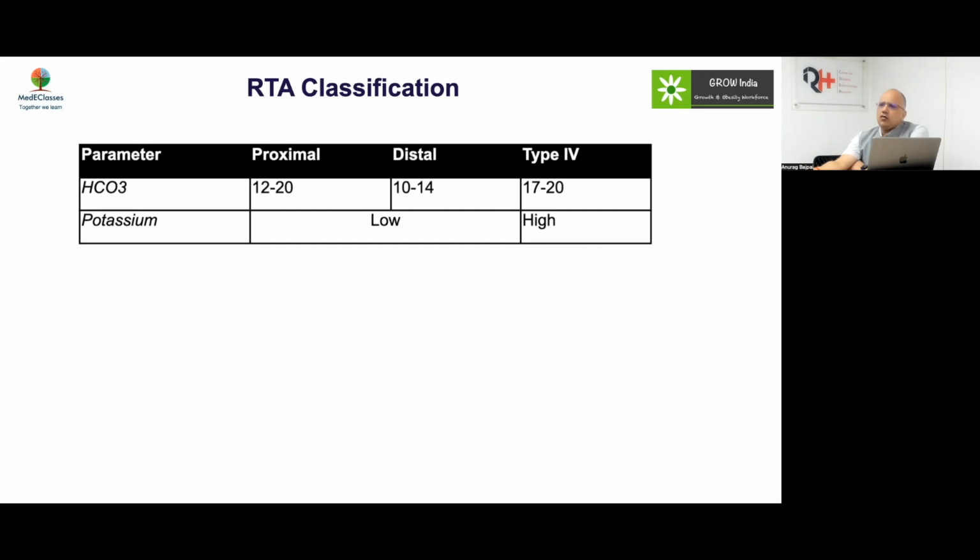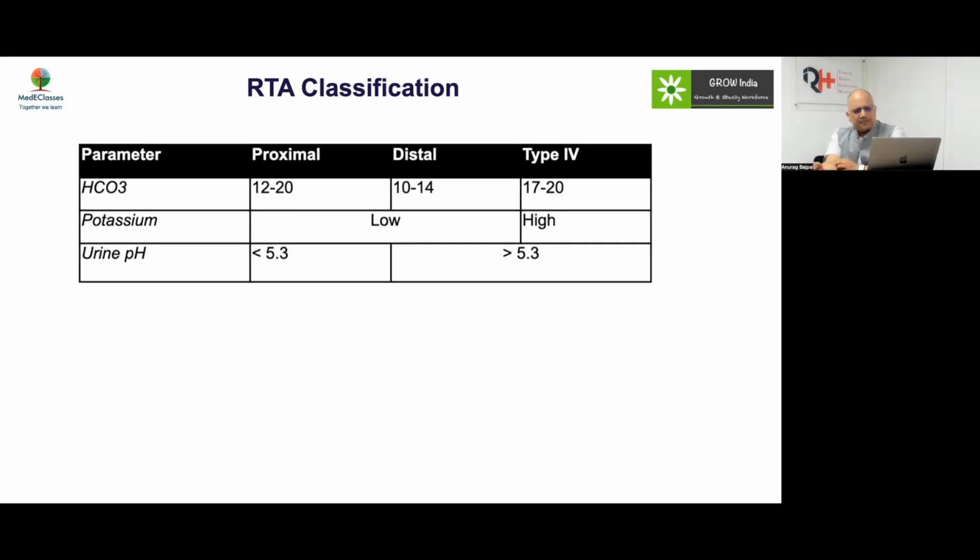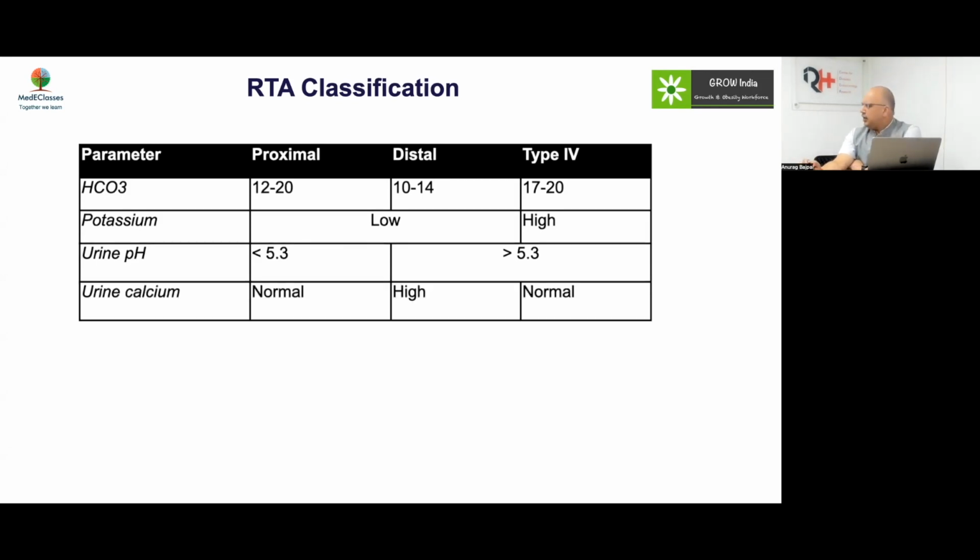If it's high, of course, we are talking about type 4 RTA or a very, very rare form of hyperkalemic distal RTA. Urinary pH should be below 5.3. If it's above 5.3 in acidosis, you're dealing with either distal or rarely type 4 RTA. Urinary calcium is usually high in distal, but a high urinary calcium does not exclude proximal RTA. We have discussed that proximal RTA also has hypercalciuria.